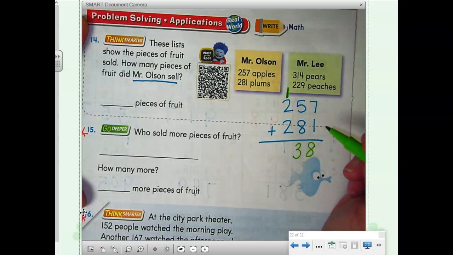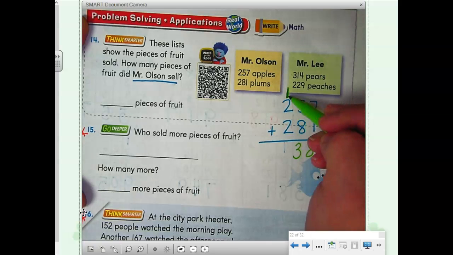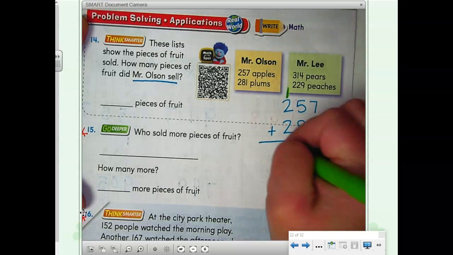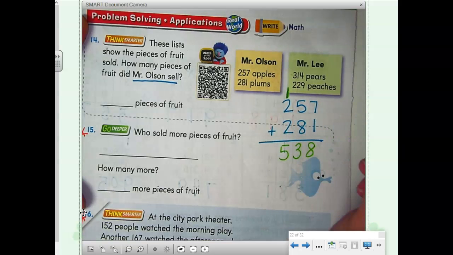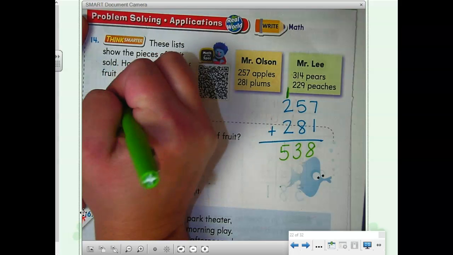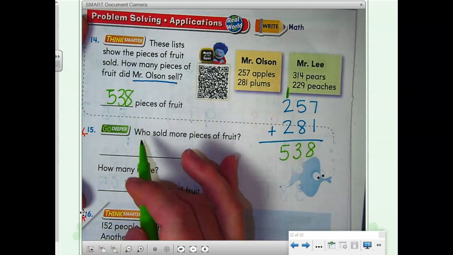All right, now add our hundreds place. 1 plus 2 is 3. 3 plus 2 is 5. Our answer is 538 pieces of fruit. Now it says go deeper.